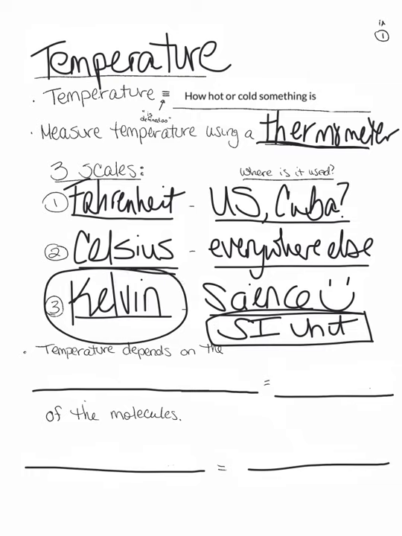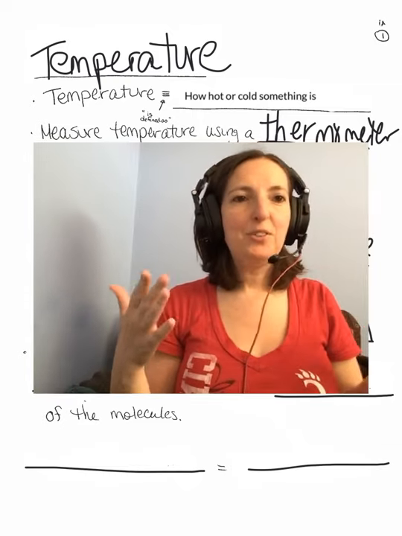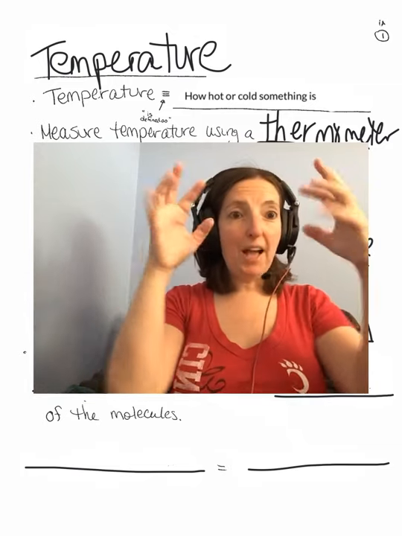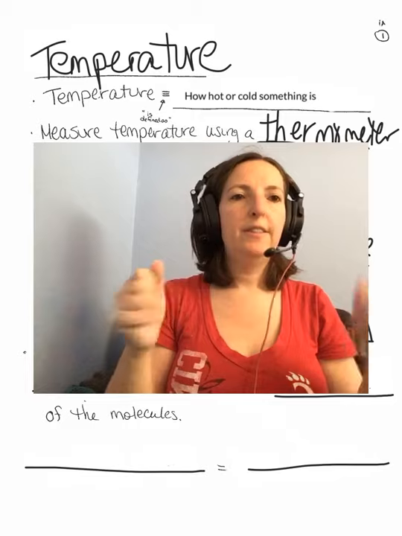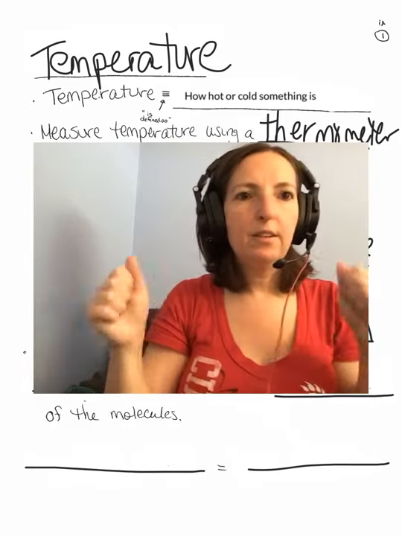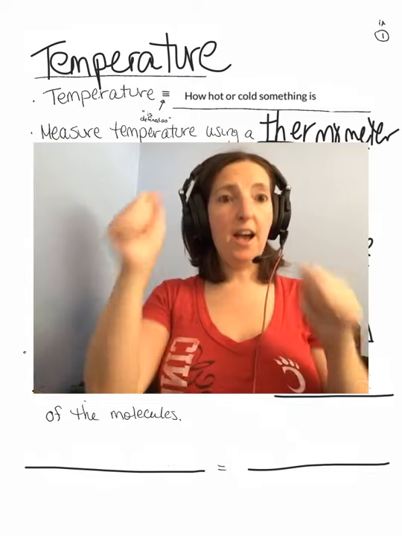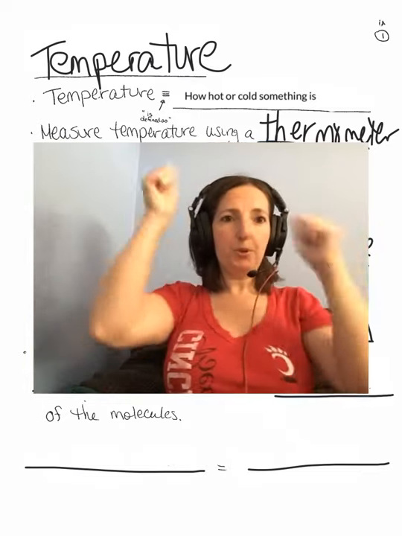So what does temperature even depend on? For this part, I need a video. So what's happening inside an object? We've got atoms, and they're not just sitting there still. They're moving like this, okay? And the faster they're moving, the higher the temperature. So this is a really high temperature, more motion.